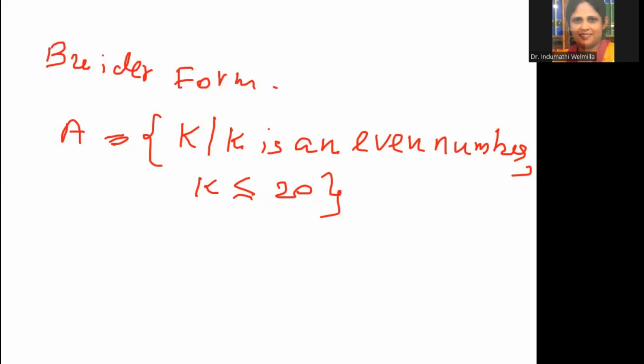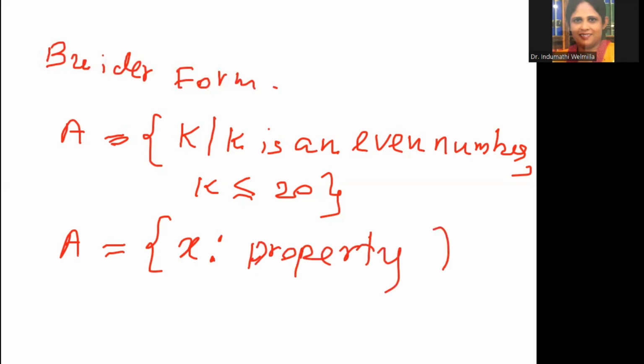Another example. We can write in general, set A equal to X, where X has a property, and then we close the bracket.